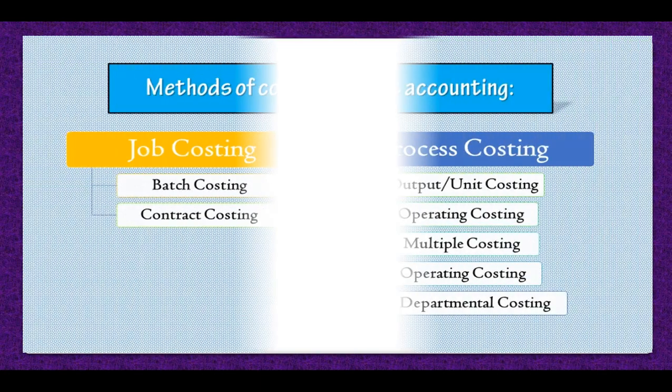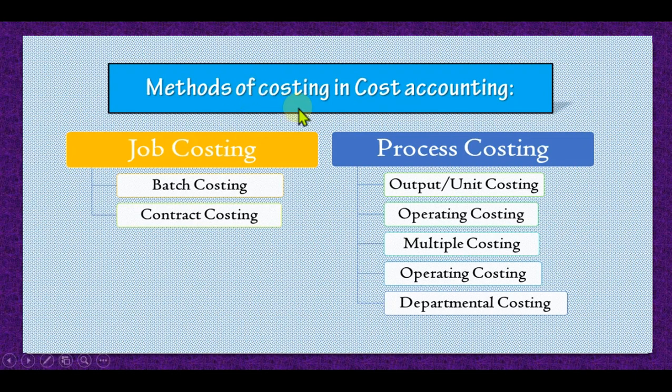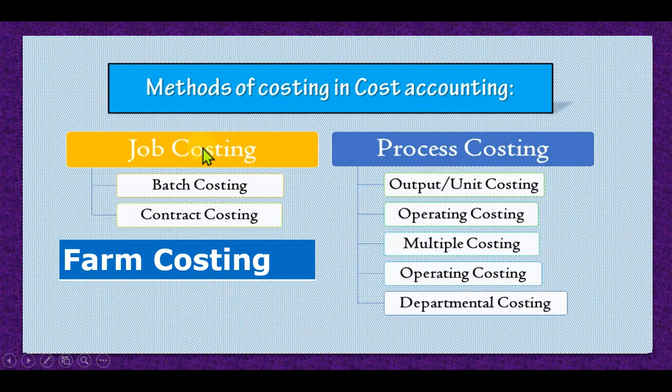Dear student, now the method of costing in cost accounting. Earlier I told you that this is a different type of accounting. This is one of the important parts of accounting, and how will we do cost accounting? At first, there are three methods of cost accounting. We can calculate cost in three methods.